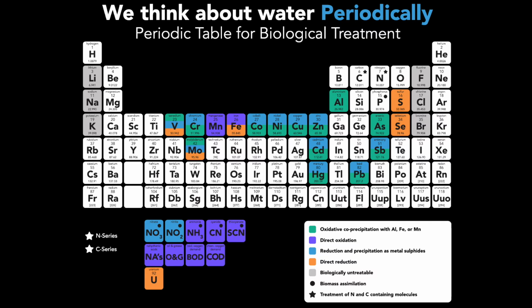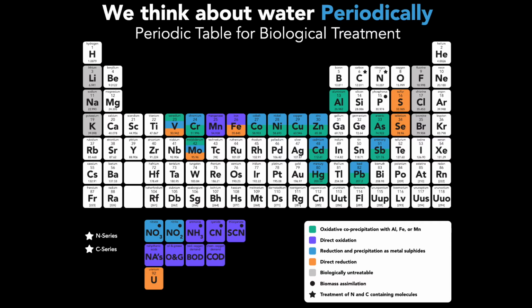So here we have the periodic table of biological water treatment that I was mentioning. I'd like to point out that this is an adaptation of a figure I saw in a paper from 2009, by Gusick et al. And I really liked that presentation. They were looking at multiple different types of water treatment. And I thought, this would be really handy to do a new version of this a decade later now, focused on biological water treatment.